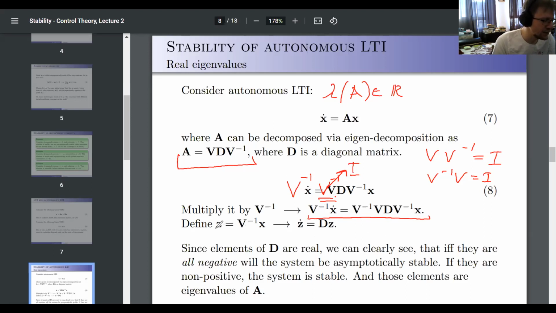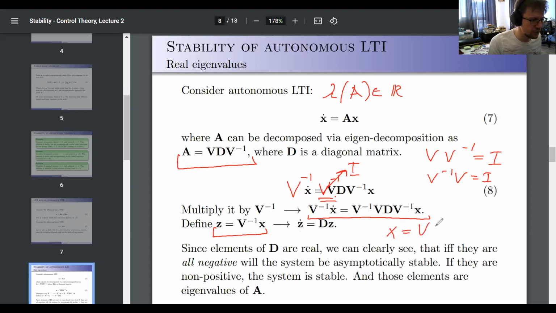Now we can define Z as V to the power minus 1 times X. It's just a definition. We define a new variable. Why can we do that? Again, because V to the power minus 1 is non-degenerate. Since V inverse is non-degenerate, it means we can define this new variable and we'll be able to recover X from Z. How do we recover X from Z?